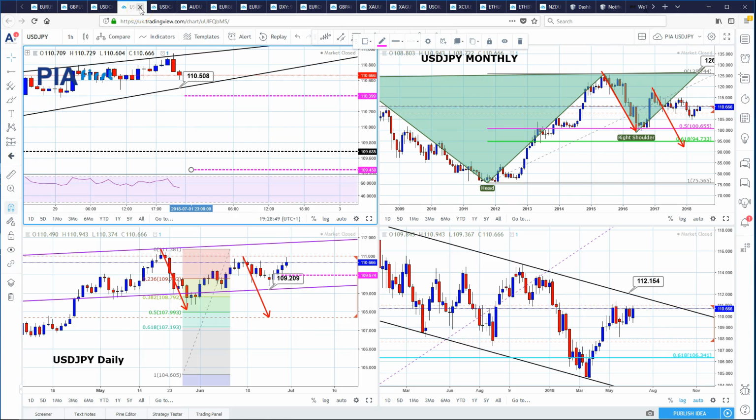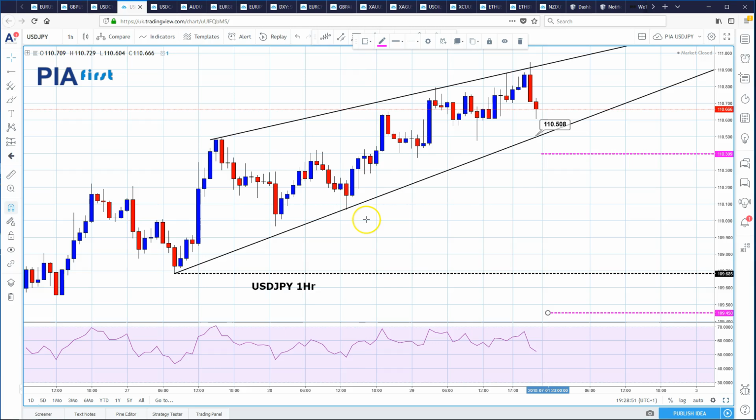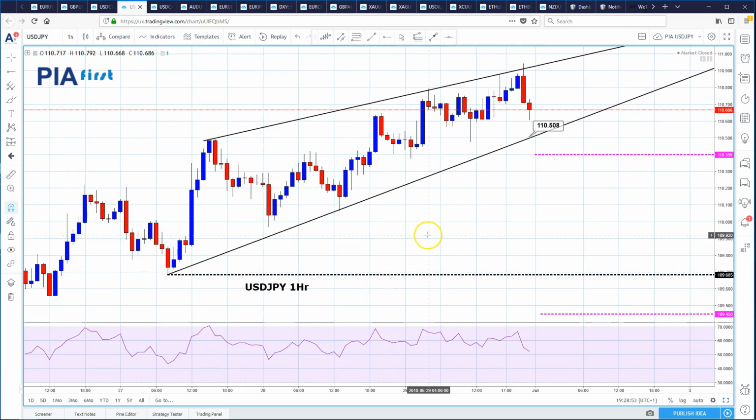Dollar yen, I think the most important time frame is the 1 hour chart. We look to be forming an ending wedge pattern. The measured move target is 109.68, which is the start of the wedge. We've got trendline support at 110.51 at the beginning of the week, and we've got our bespoke support at 110.40.